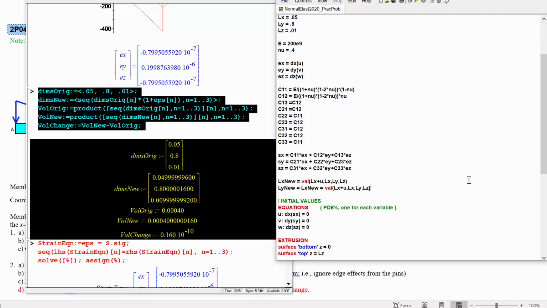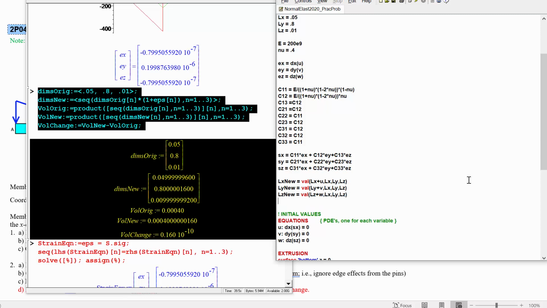Ly new is equal to the value of Ly plus V at that corner, and Lz new is equal to the value of Lz plus W at Lx, Ly, and Lz.